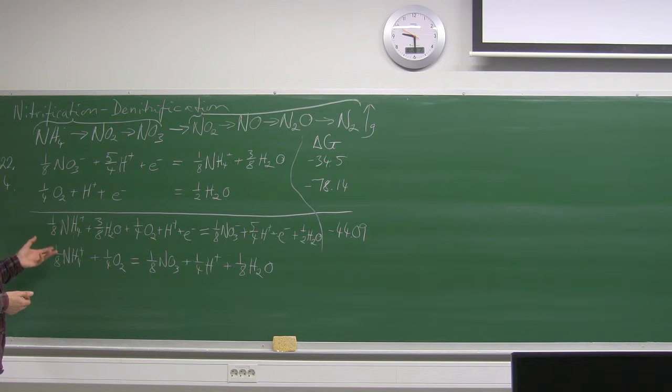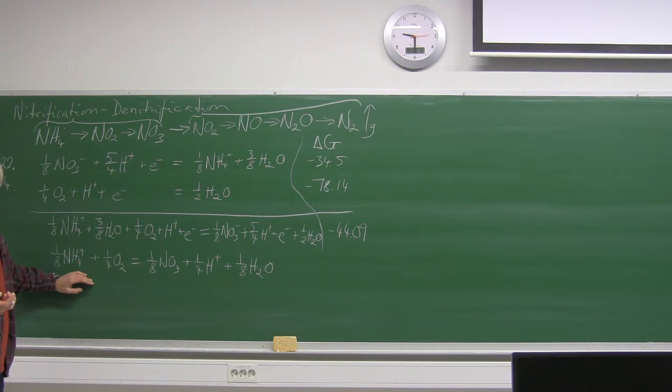You cannot really see it directly, but indirectly we know that they are autotrophs, because the heterotrophs get their carbon and energy from organic matter. But here we can see the energy comes from an inorganic substance. So that means they have to get their carbon from somewhere else. And where do they get their carbon from? CO2, I mean inorganic carbon.